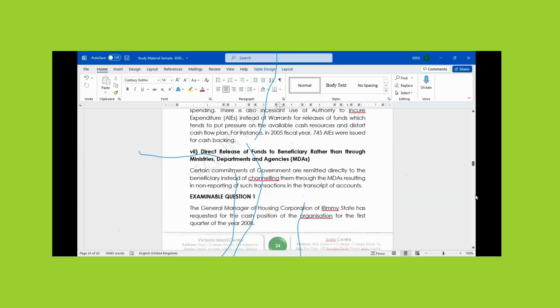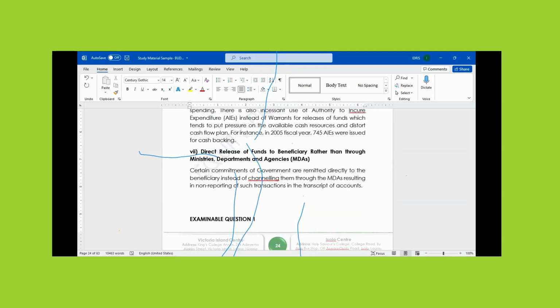If we want to prepare a cash budget, we will have two elements. Our cash budget has two elements. It has inflow and what? Outflow. All the income and revenue will go inside the inflow. All the expenses will go inside the outflow.